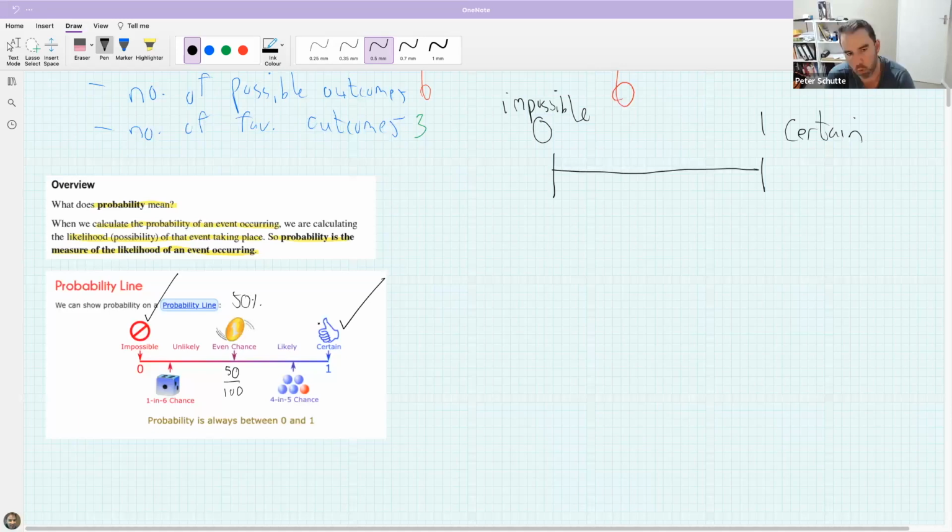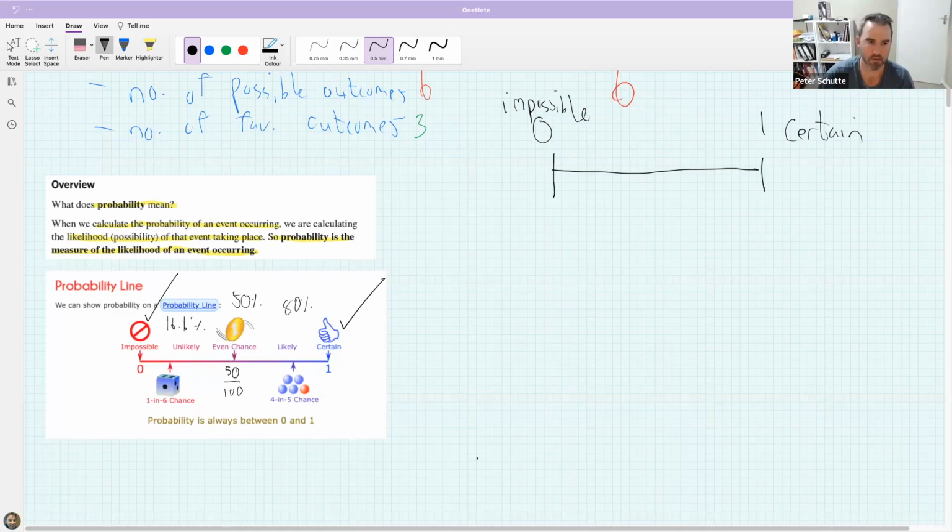If it's more to the right, maybe it's like 80% chance, we would say it's likely. If it's more to the left, maybe like 1 in 6, which is about 16.6% chance, that's unlikely. These are words we use to describe probability in ranges.